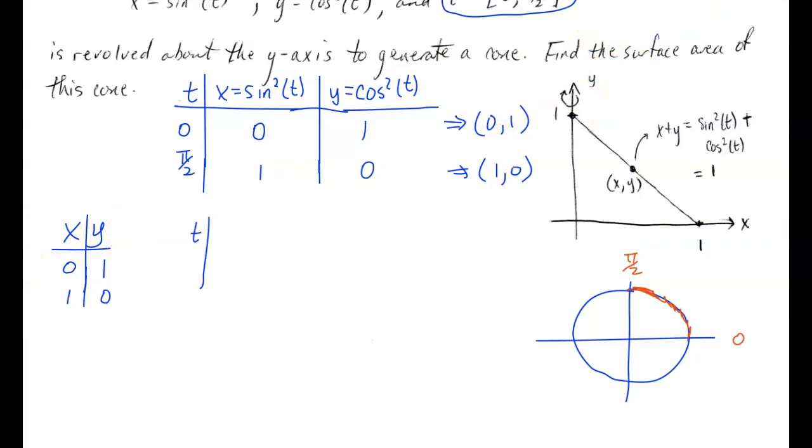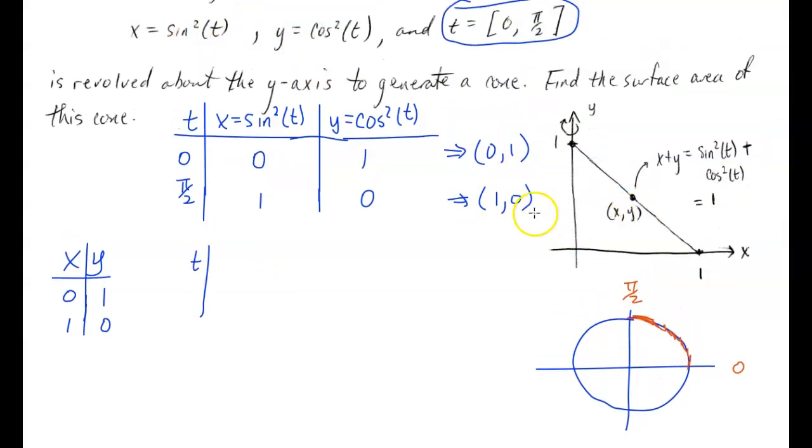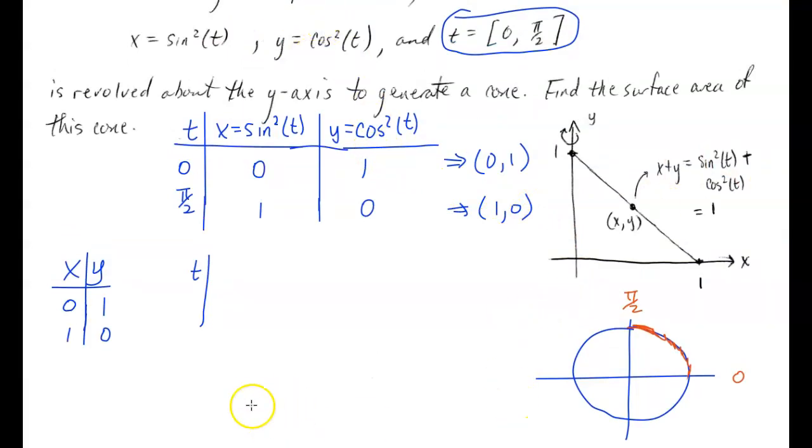So my point here is that if we think of things in terms of sine and cosine, then we have a circle here, okay? But if we think of things in terms of x and y here, notice that this is not x equals sine theta and y equals cosine theta.